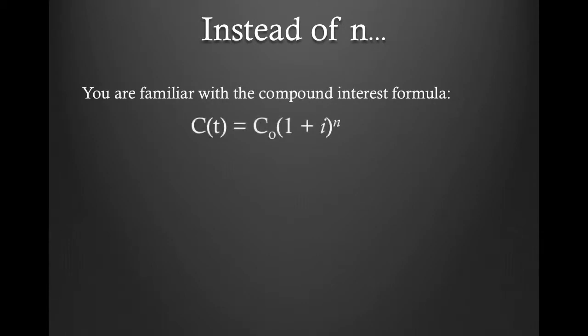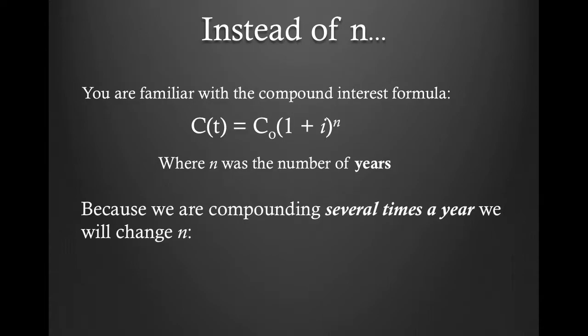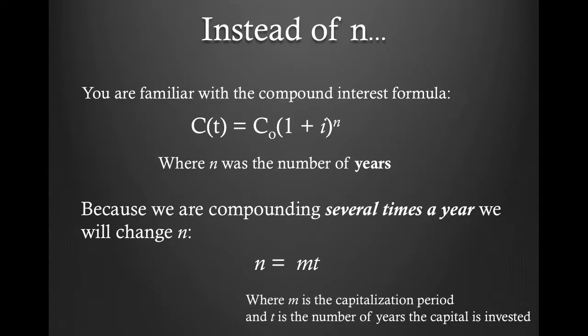You are familiar with the compound interest formula: C of t is equal to C of 0 times 1 plus i to the power of n. n was always the number of years, right? You had to convert things into years. Because we are compounding several times a year, we will change n to m times t, where m is the capitalization period, same one as from the last 2 slides, and t is the number of years that the capital is invested.